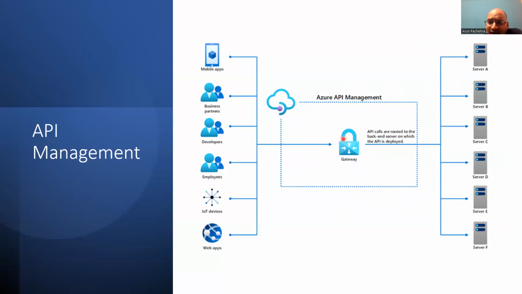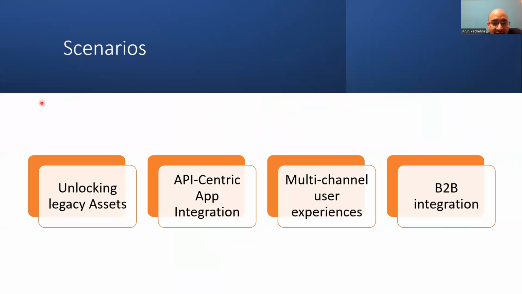Let's check a few scenarios where it will help us. We have already talked about the high level overview of where this helps us, but let's break it down. So these are 4 scenarios that I have chosen. It could be more, but these are the most often used. And you can see the benefits and usefulness of these scenarios.